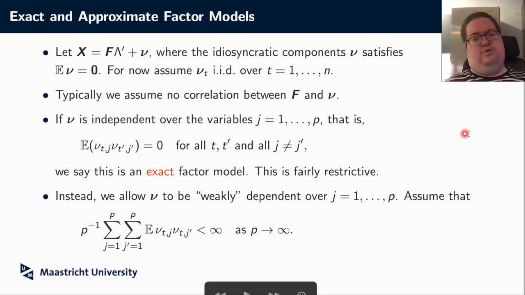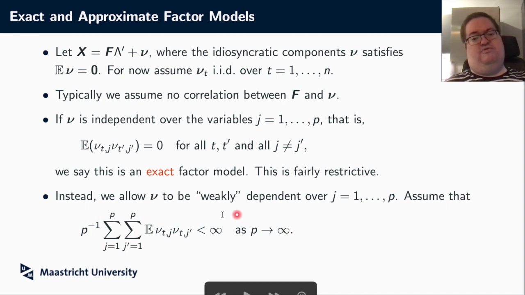So to weaken this, we want to look at approximate factor models, and for that we allow some form of dependence in our idiosyncratic components across the cross-section, across the number of variables. In particular, what we need is that this double sum, when divided by p, is smaller than infinity.